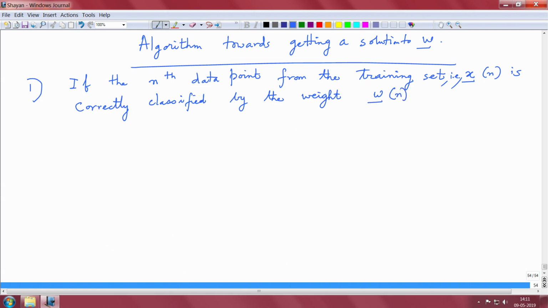So, there is some initialization, we will talk about this once we complete the procedure.